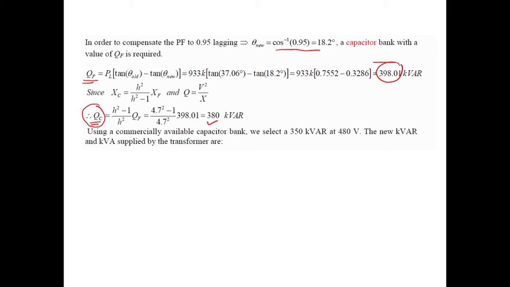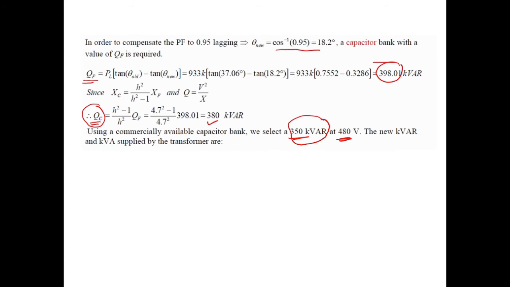But now let us say that this is not available in the market, this capacitor bank. So then let us choose what is available at that voltage level, which is 350 kilovolt ampere. So this is what we are going to choose, because this is the capacitor which is available.